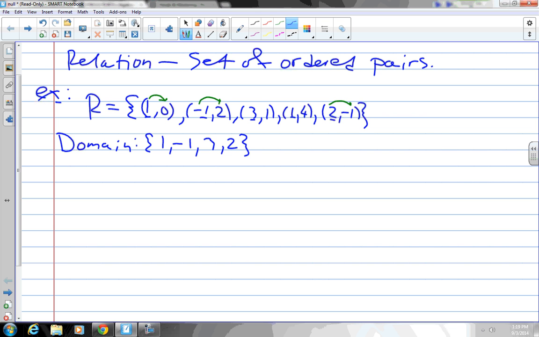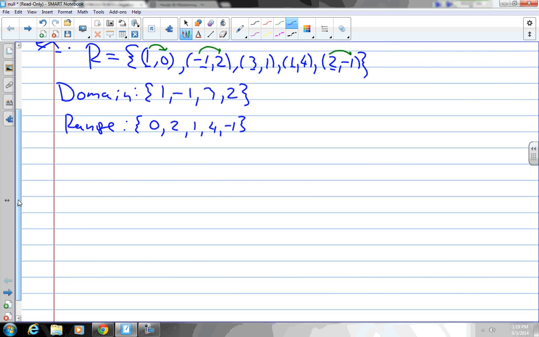And the range would be all the outputs, all the y values, which are 0, 2, 1, 4, -1. I don't have to list them in order. I can if I want to, but I don't have to. So that's what a relation is.